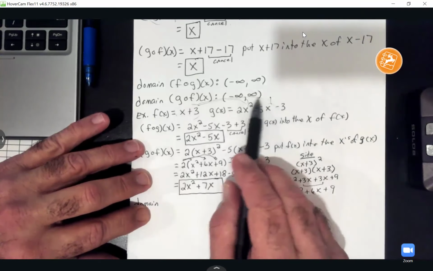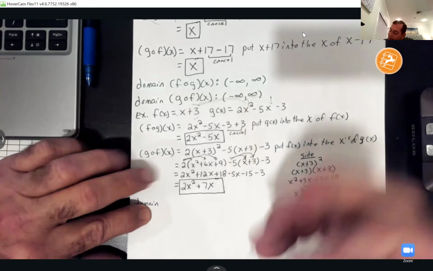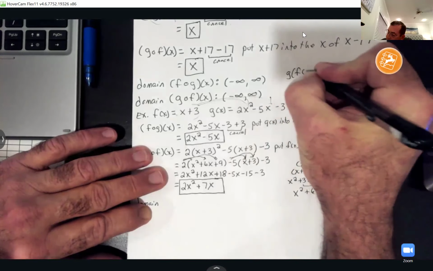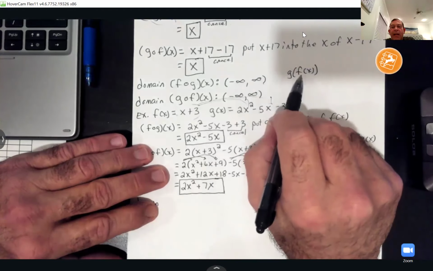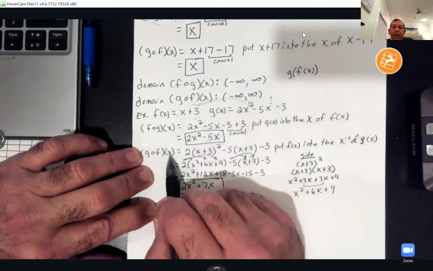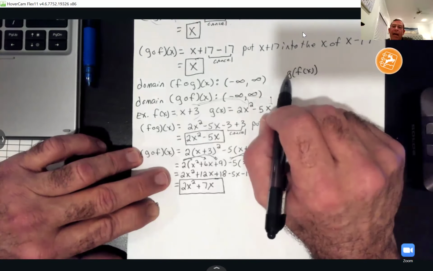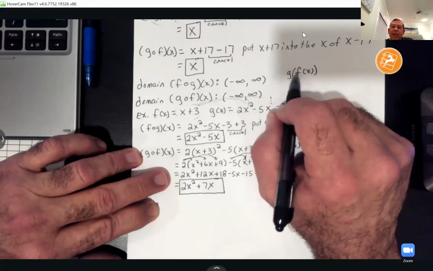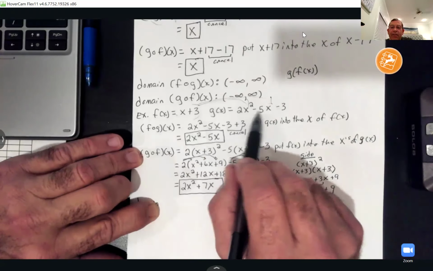Okay. Yes, sir. Now for that one, since we were doing G of F of X, the thing is, I couldn't do nothing to the F of X because they didn't give us a number down here. So since they didn't give me a number, I got to go into the G function and put this entire F of X in for each of these two X's.